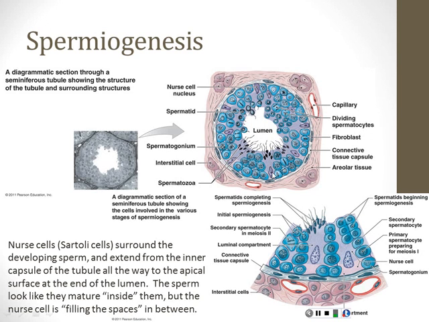This is a nucleus for a nurse cell, and all this purple stuff is its cytoplasm. Here's another nurse cell. So the spermatozoa mature right next to these nurse cells. In the past, the nurse cells were called Sertoli cells. If we zoom in, all this purple stuff is nurse cell cytoplasm, here's a nucleus, and here are maturing spermatids coming out.